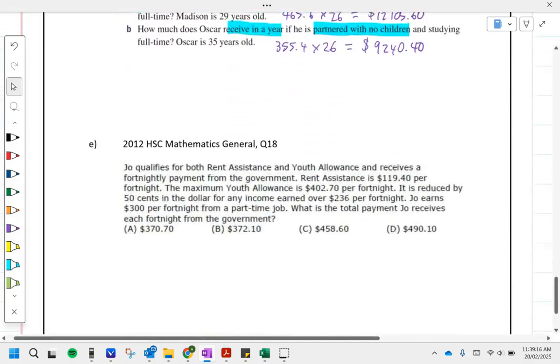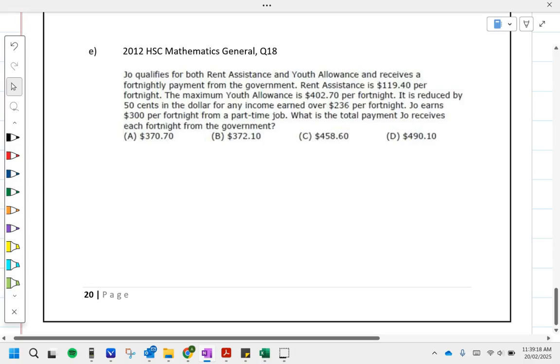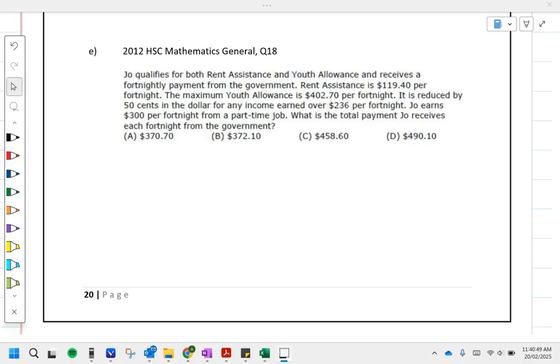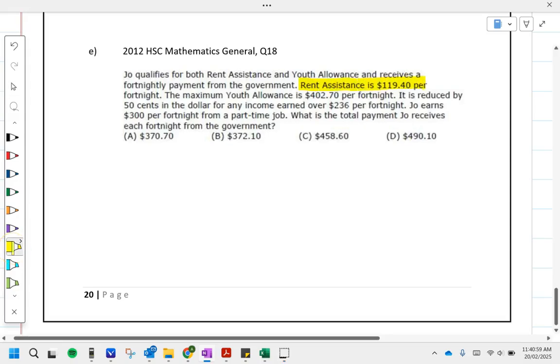All right, let's try this HSC question. Why don't you pause the video and have a go with this one. Joe qualifies for both rent assistance and youth allowance and receives a fortnightly payment from the government. Rent assistance is $119.40 per fortnight.